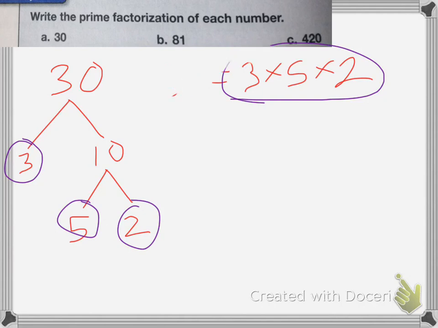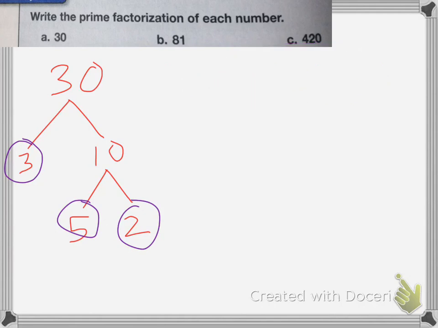The other way to do it is to do division by primes. With division by primes, we start with dividing 30, and we need to divide it by a prime number. So I know a prime number I have is 3. 30 divided by 3 is 10. And you think, is 10 prime? No, it's not. So I need to divide it again.